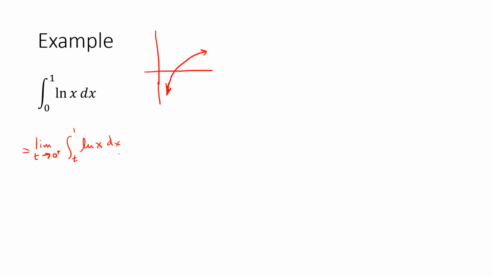To remind you, we did the integral of ln of x in the section on integration by parts. So to remind you how we did that, you let u equal ln x, dv equals dx. So du is 1 over x dx, and v is equal to x.